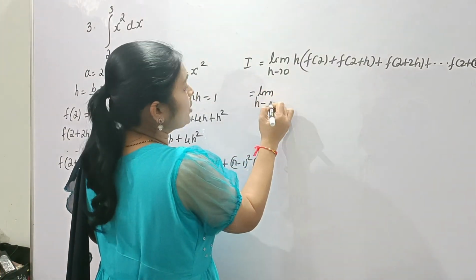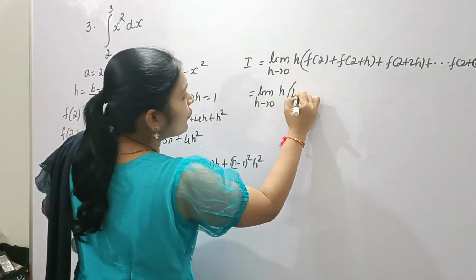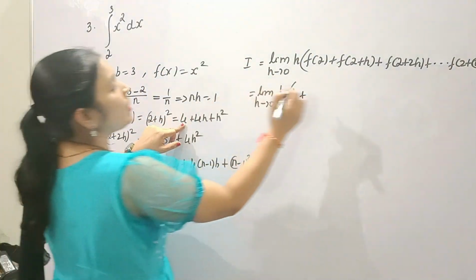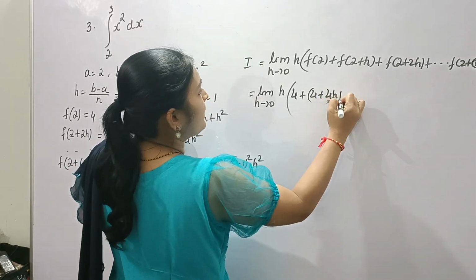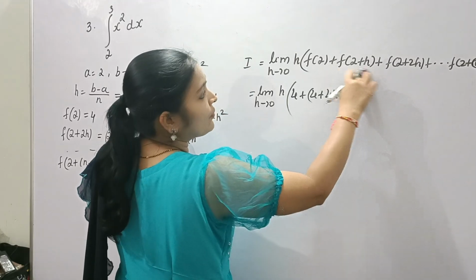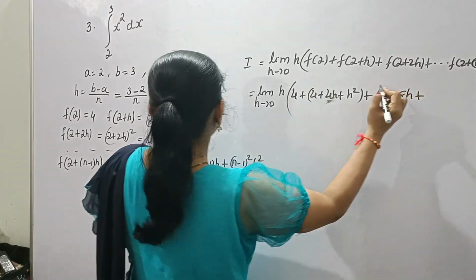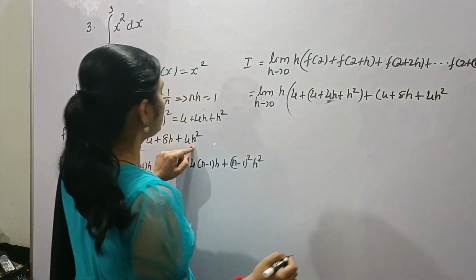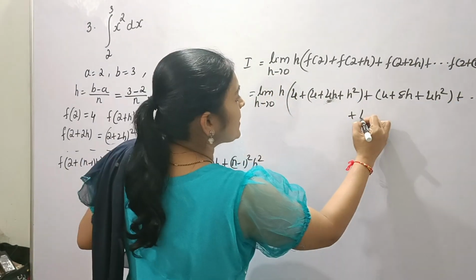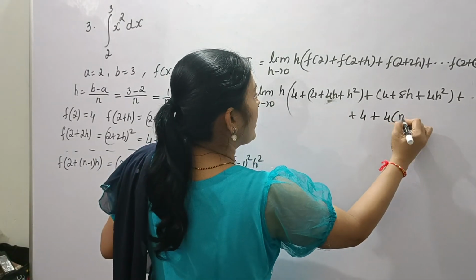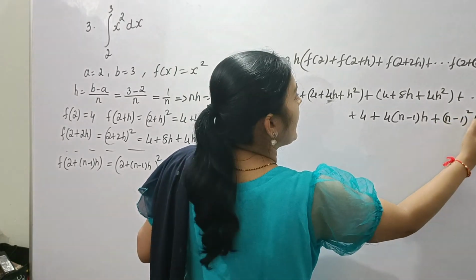Limit h tends to 0 h into, f of 2 is 4, plus f of 2 plus h, 4 plus 4h plus h square, plus f of 2 plus 2h, 4 plus 8h plus 4h square, plus etc. plus the last one, 4 plus 4 into n minus 1 into h plus n minus 1 whole square h square.